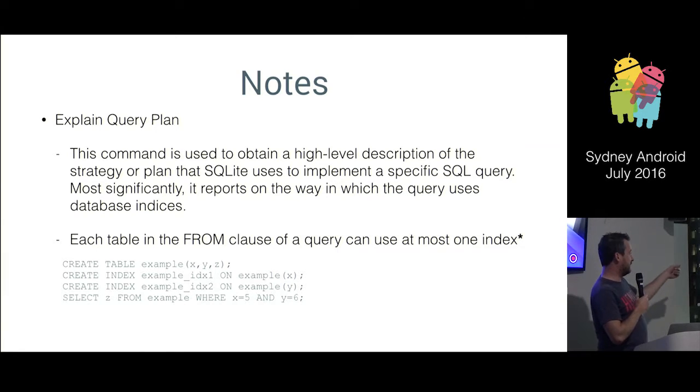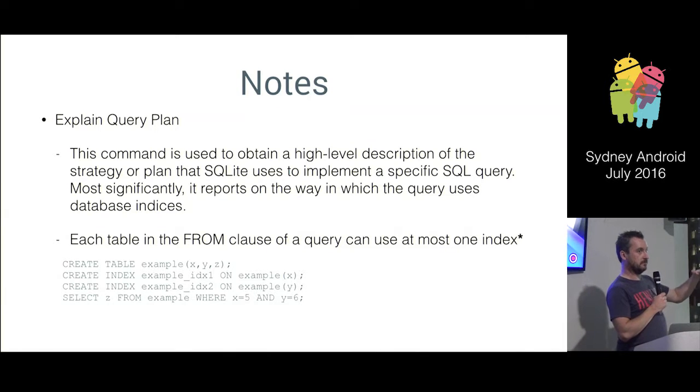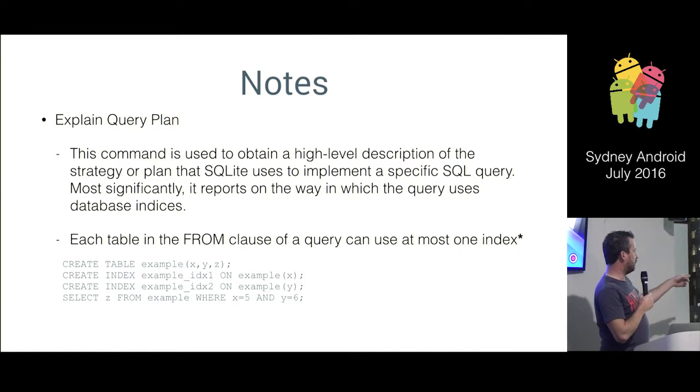So it might use the first index and find all the records really quickly that have X equals 5, and then it will scan those rows to find where Y equals 6. Or it might do the opposite. It might use the index to find all the Ys that equal 6, if that's a smaller subset perhaps, and then scan those results to find the rows where X equals 5. So it's not going to use both indexes on this query. It's only going to use one or the other. So that's something to keep in mind.